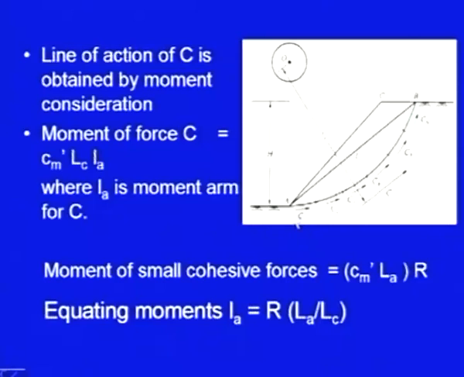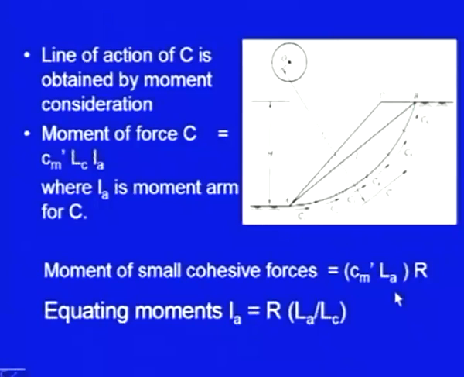What I have done here is take the total arc length. If you take them separately, it will be Cm dash into L1, where L1 is this small length, then Cm dash into L2 and so on. So, this complete length is La. When we sum up, the total resistive moment of the cohesive forces will be Cm dash into this length of arc into radius.